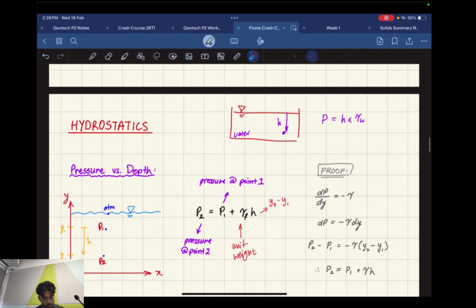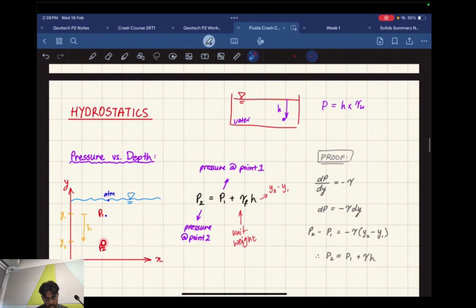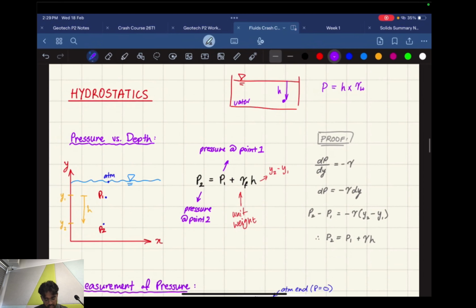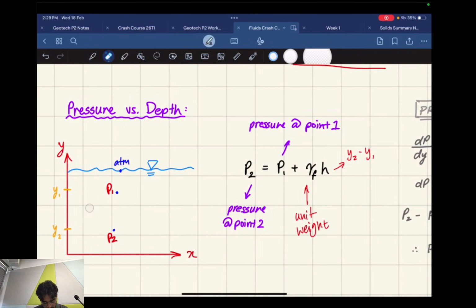However, we can also find the pressure given the pressure at a different point. So if we're trying to find the pressure at point 2, and we know the pressure at point 1, all we need to do is note that this depth h is y2 minus y1.